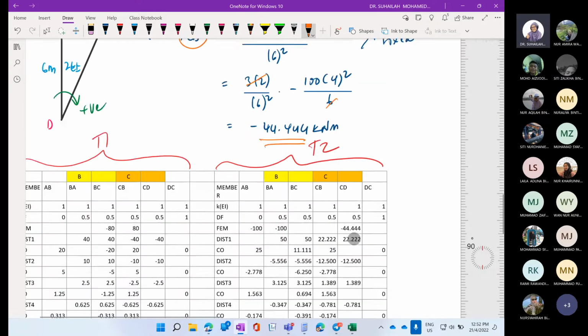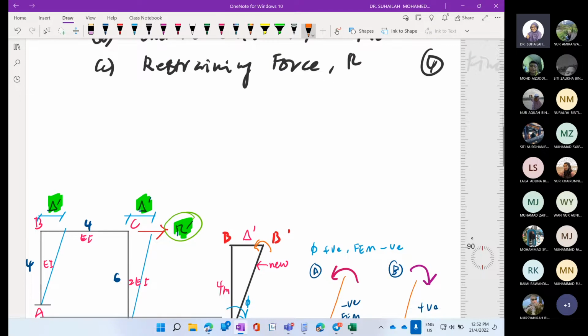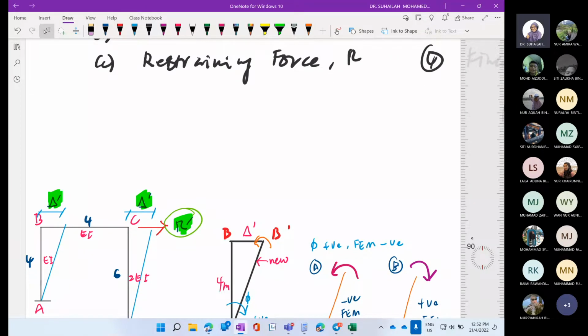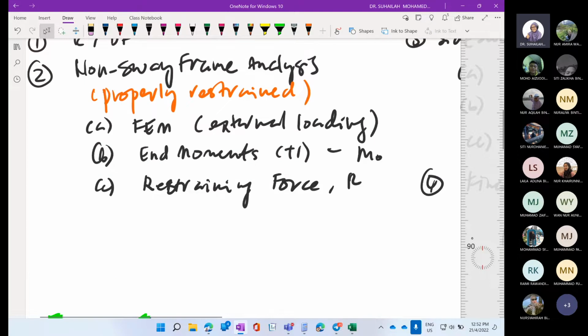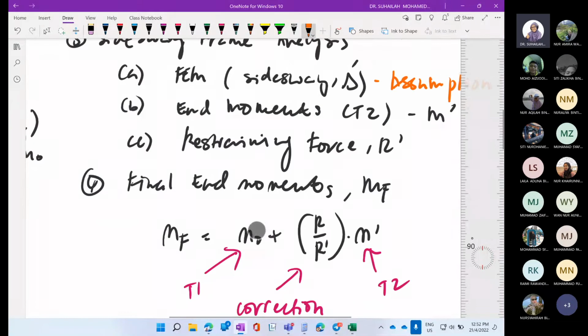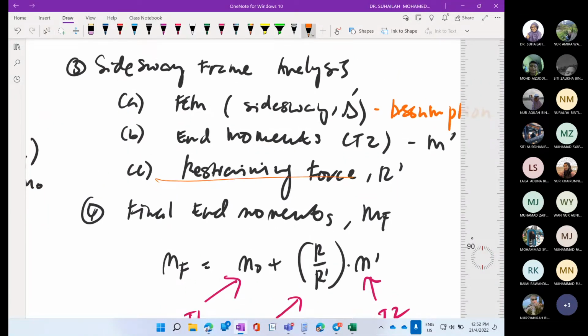We want to calculate this restraining force. So our target now is to calculate the restraining force. We have two restraining forces, under step 2 and under step 3.